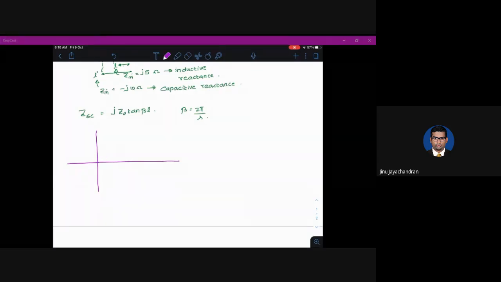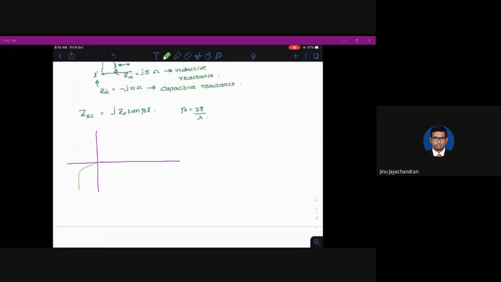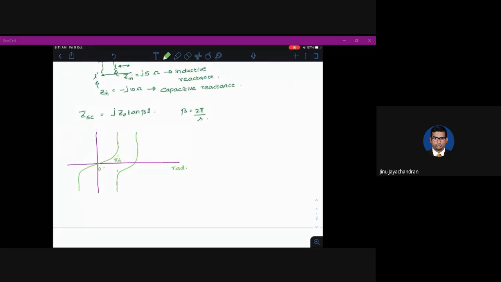So this is tan. This is 0 radians, this is in radians, and this is the amplitude. This is 0, this is pi by 2, this is 3 pi by 2, and there's a pi coming here.